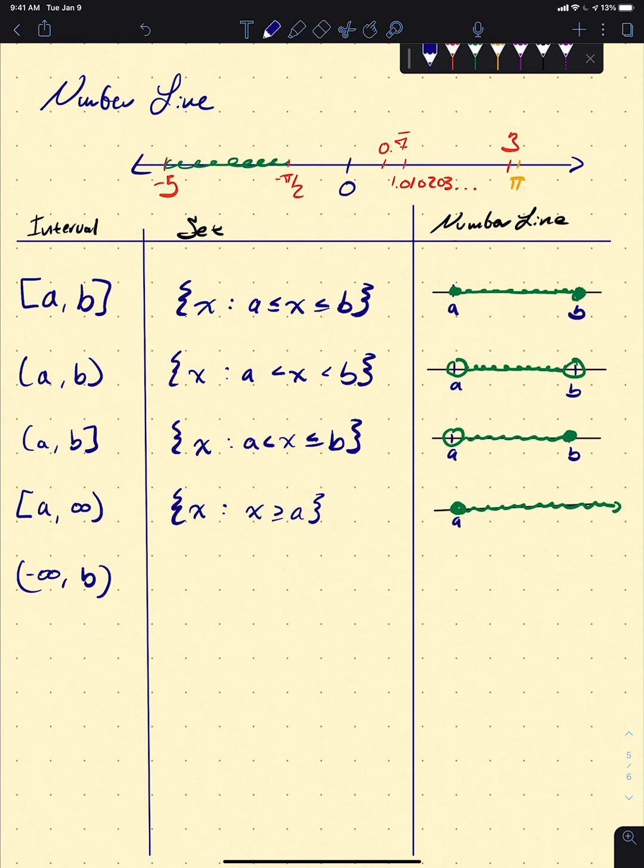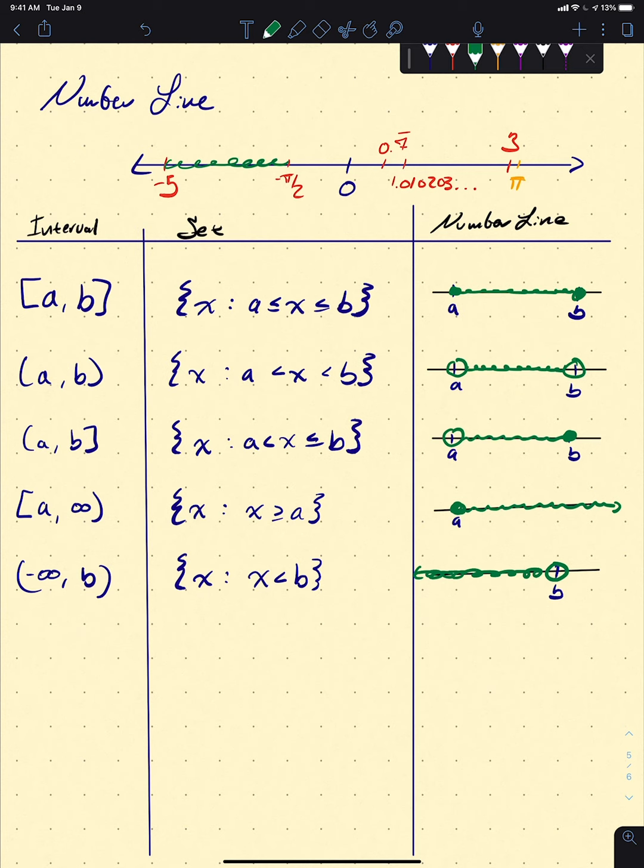Negative infinity to b as a set is the set of x where x is less than b. As a picture, we can drop down our line. We might have our b here. We are not including the endpoint, and we're going arbitrarily far to the left.